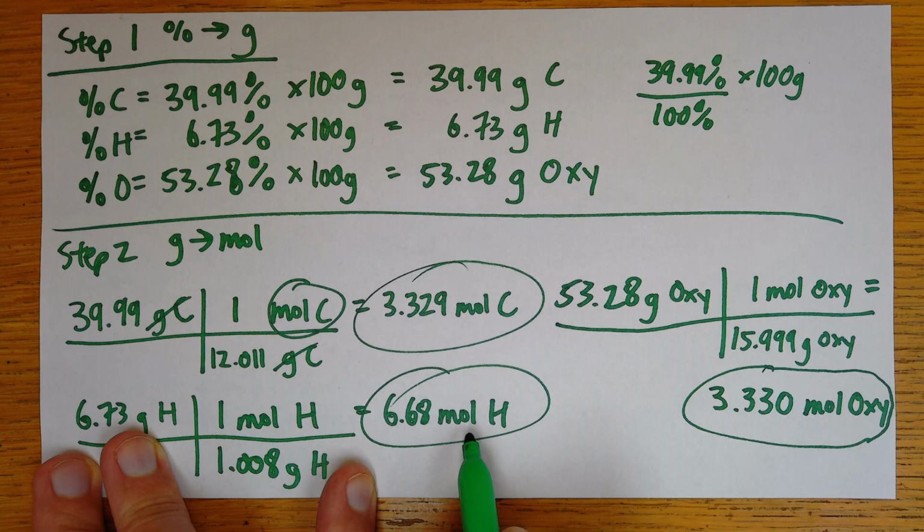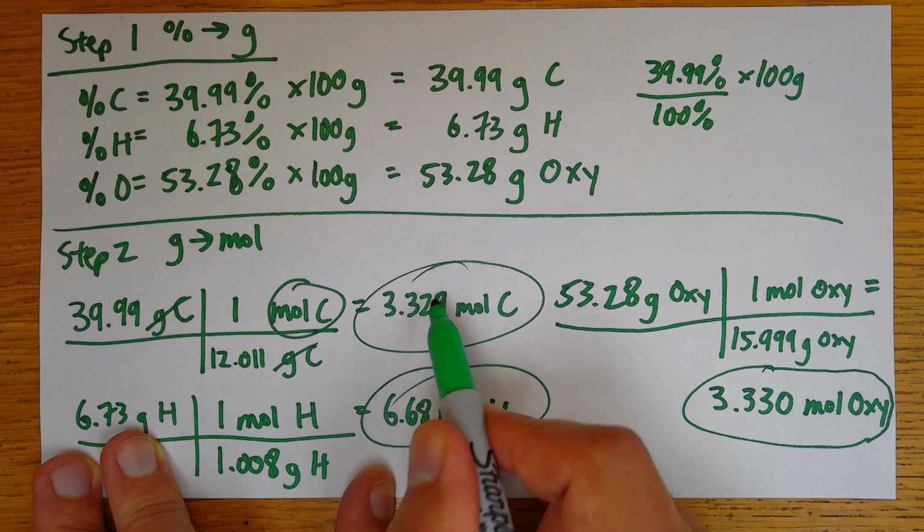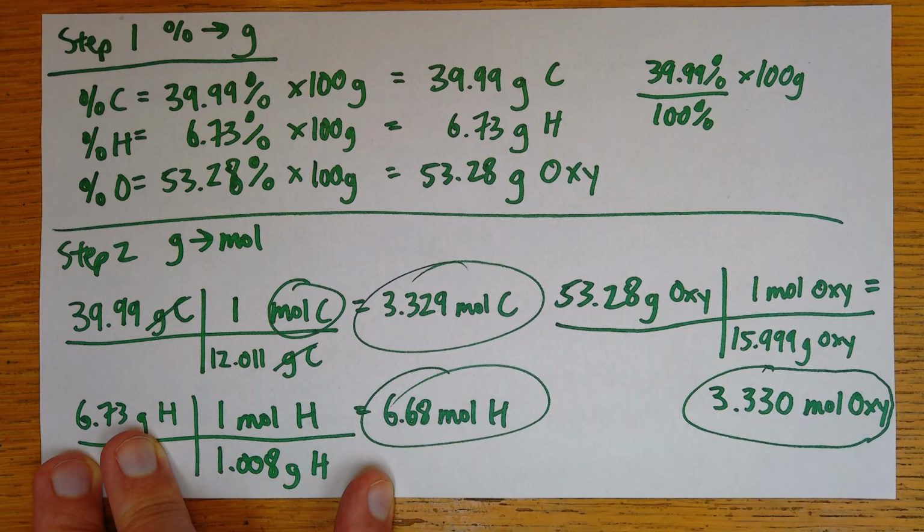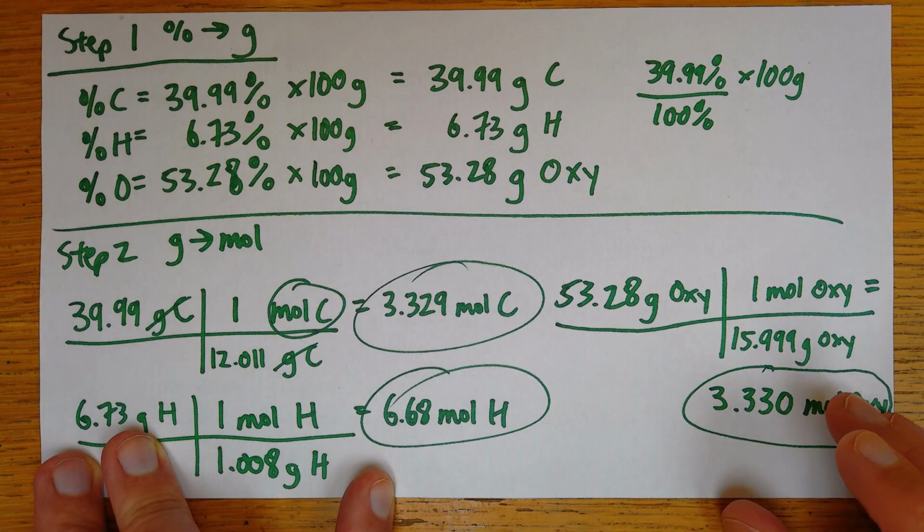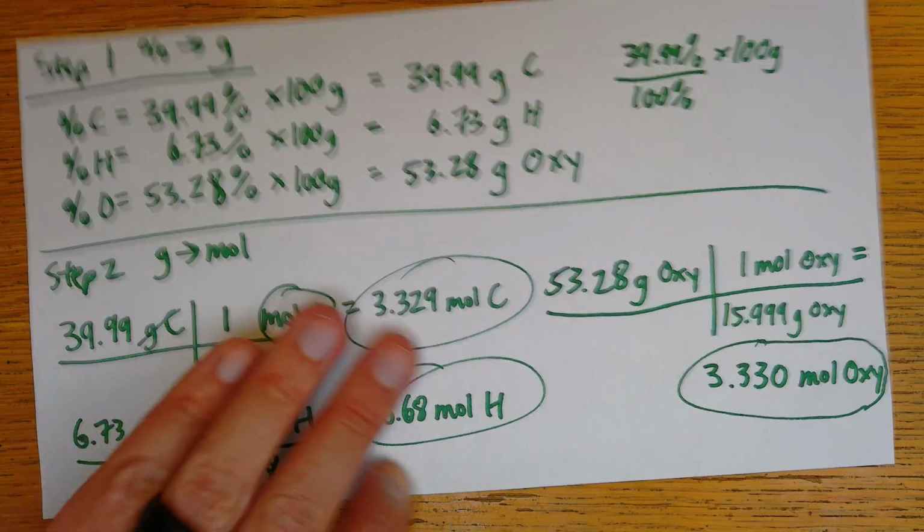This moles of hydrogen, 6.68, looks to be about double that of the carbon and of the oxygen. So maybe we're looking at a 1 to 2 to 1 ratio between these elements, but we're going to calculate those mole ratios just to be on the safe side. All right, so let's keep going. Ooh, I am running out of paper. All right. Okay, here we go.